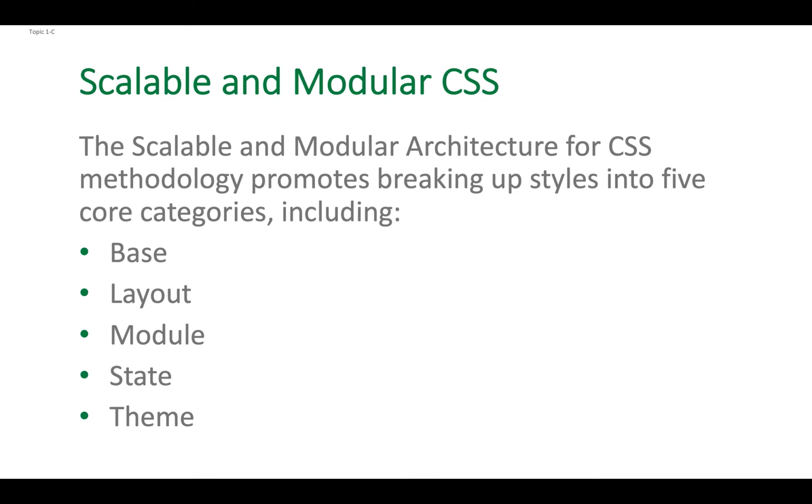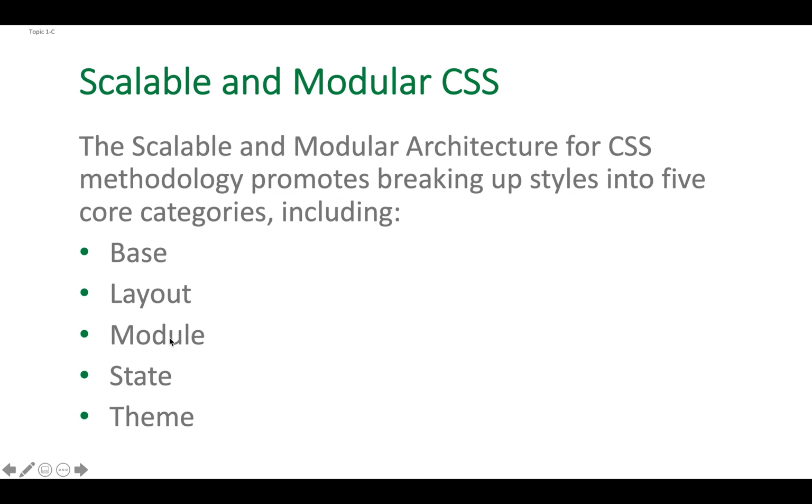So scalable and modular CSS is a type of code, a way to write your code methodology that promotes breaking up styles into 5 core categories. So this would be like your style sheet. So you would have the base styles, which are going to be styling your whole page, the layout styles, which are just applying to the boxes and the layout of it, the module styles, the state styles, and the theme styles.